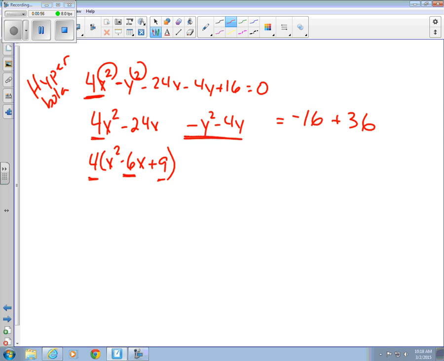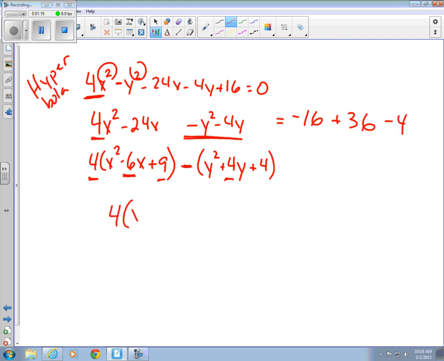Okay, here, my concern for you is that you won't remember to factor out the negative. So factor out the negative, you have y squared plus 4y. Take half of that number and square it. Okay, but do you see how when you multiply by the negative, you really added negative 4 to this side? So you have to add negative 4 to the other side.